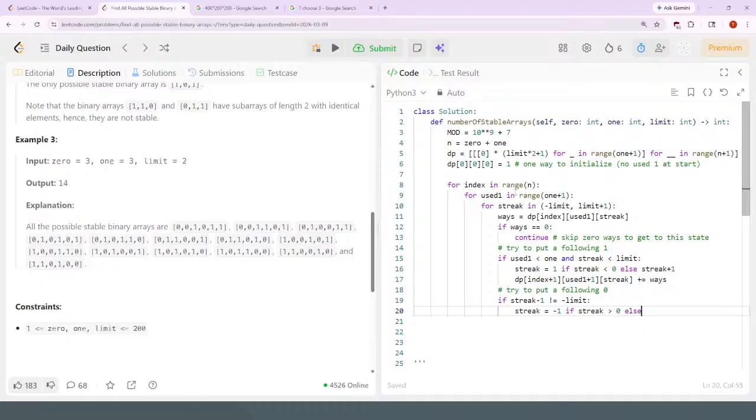Currently positive, else streak decreases by 1. dp index plus 1, the use doesn't change because it's not going to use up another 1. Right? Either going to put a following 1 or following 0.